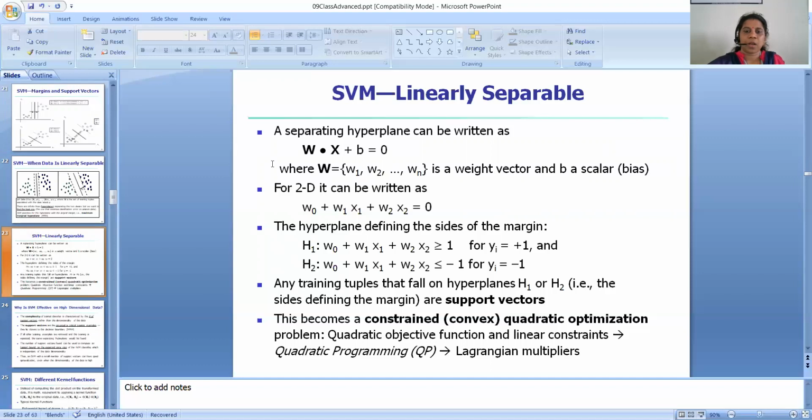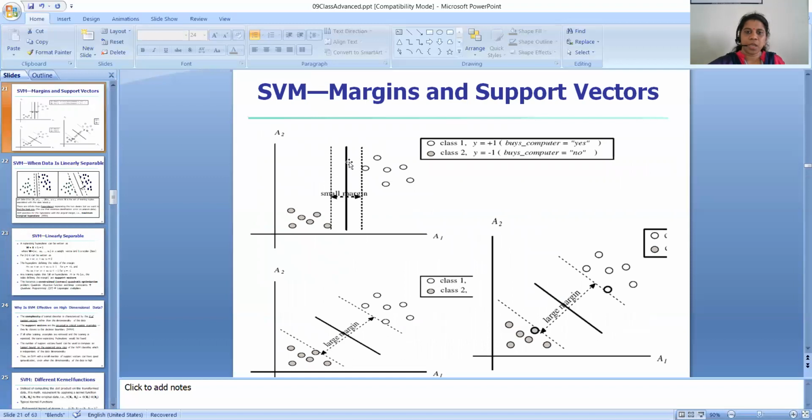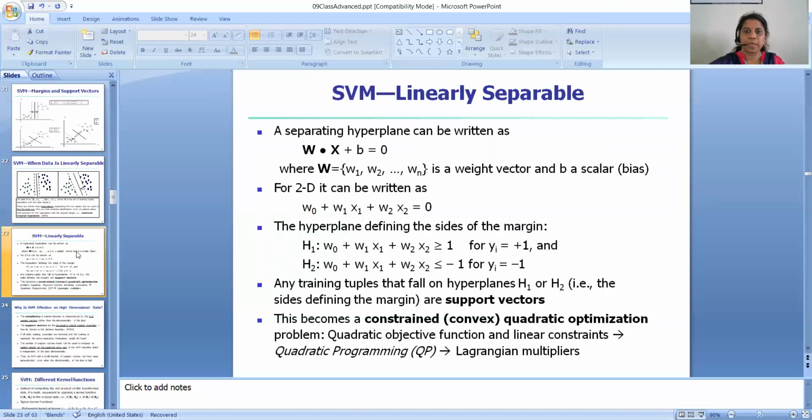Now for 2D, it can be written as w0 plus w1 x1 plus w2 x2 is equal to 0 in this example. So I can write this hyperplane in this format: w0 plus w1 x1 plus w2 x2 is equal to 0.